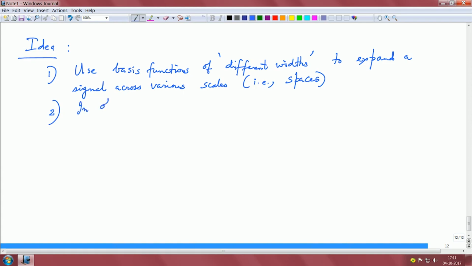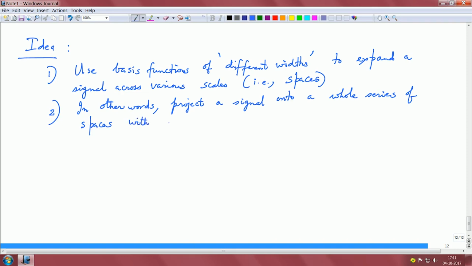So what we mean, in other words, is to project a signal onto a whole series of signal spaces with different resolution.